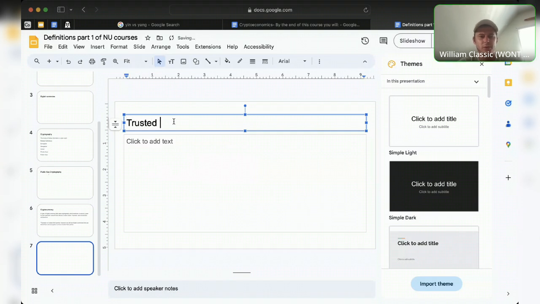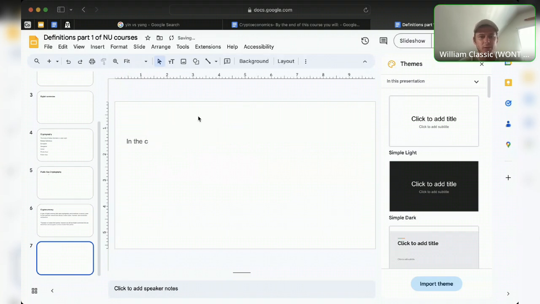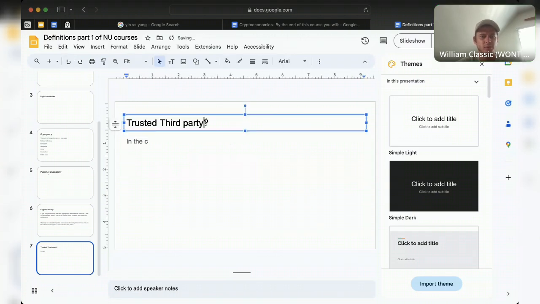What is a trusted third party? The key. Oops. It's a trusted third party in blockchain. Or we'll just say for now in Bitcoin.